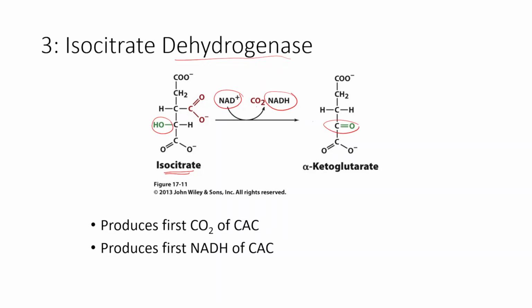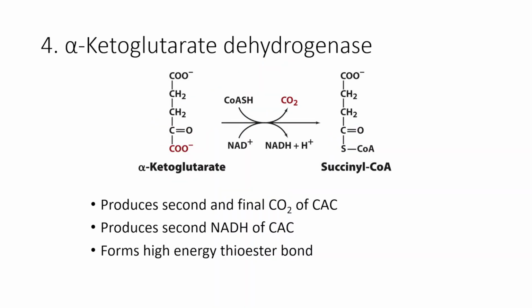Also important to note is that we have our first decarboxylation right here. So we lose one of the carbons that was part of our original acetyl group as a carbon dioxide. So overall, we've produced our first carbon dioxide and our first reduced electron carrier, which is NADH, as part of our whole citric acid cycle. The next reaction is catalyzed by an enzyme called alpha-ketoglutarate dehydrogenase.